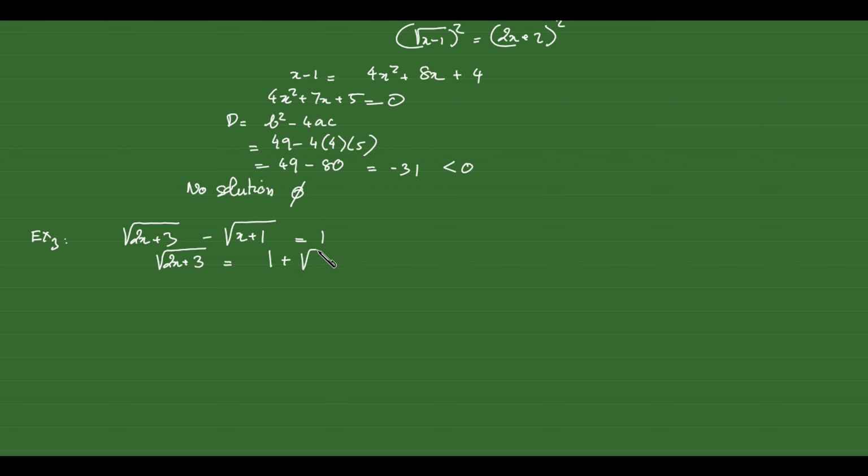So you're gonna have one radical on each side. So I'm gonna add to both sides square root of x plus 1. Okay. Afterward, you're gonna go ahead and square both sides.